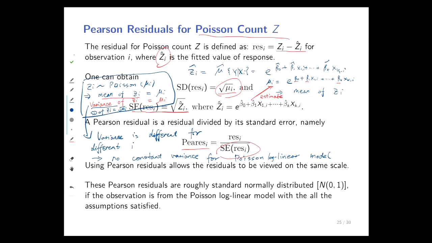By using the first 2 assumptions, the Poisson distribution assumption and the generalized linearity assumption, we can derive that the variance of response zi equals mu i. We find that the variance is different for different i. So we do not have the constant variance assumption.